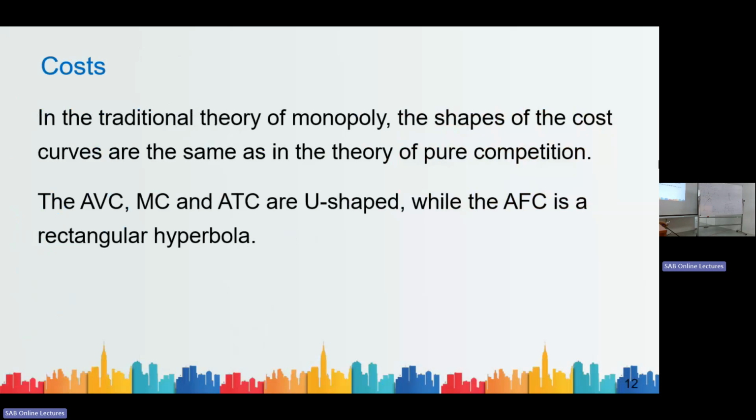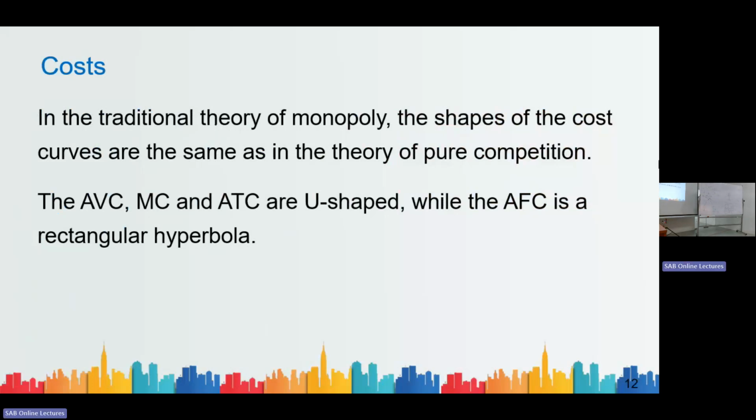The next discussion is on costs. In the traditional theory of monopoly, the shapes of the cost curves are the same as in the theory of pure competition. So we discussed shapes of cost curves in cost theory. And also we discussed the same shapes of cost curves in perfect competition.